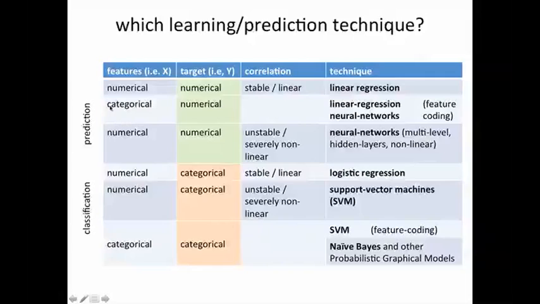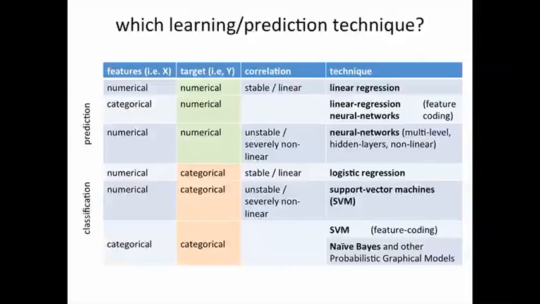Similarly, even if your features are categorical and your target is numerical, you can still use linear regression, but you have to code the features. So if the feature, for example, takes 5 different values or 8 different values, you replace that feature with 8 categorical variables, binary ones taking 0 and 1, depending on which category value that feature took.